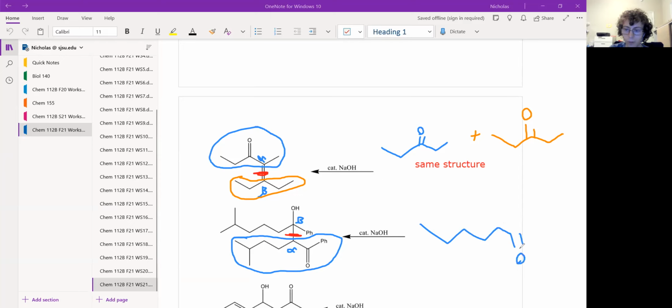That's starting material. So you get this ketone. And then I'll also draw this structure that I circled in orange.